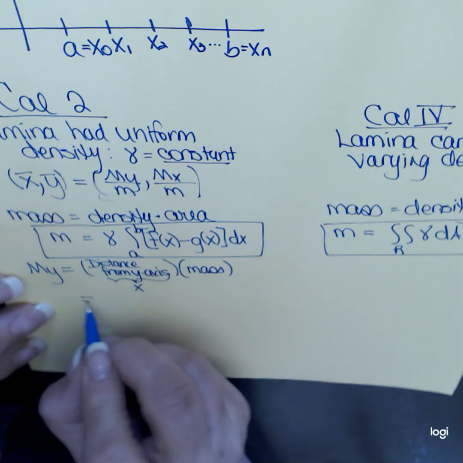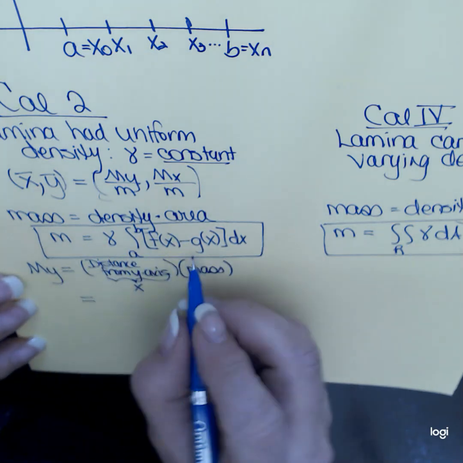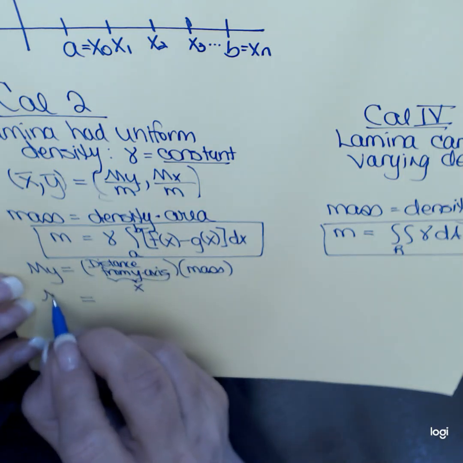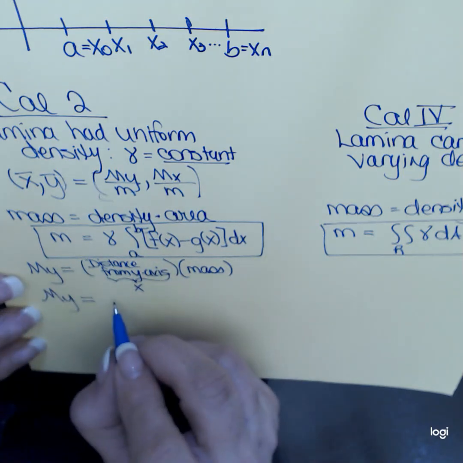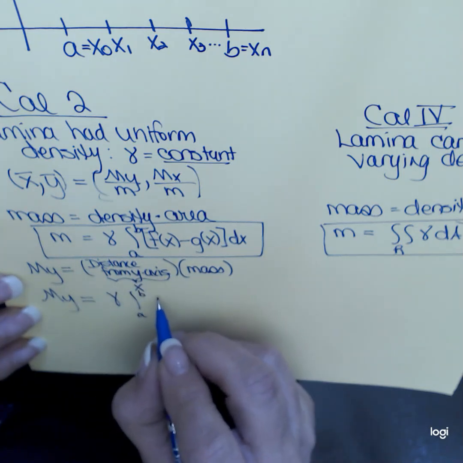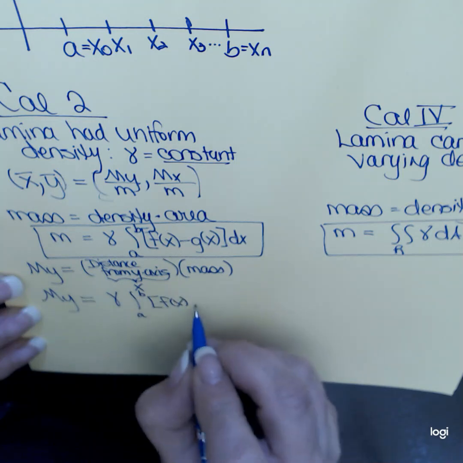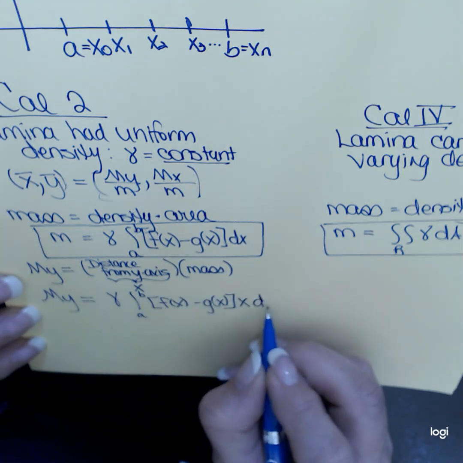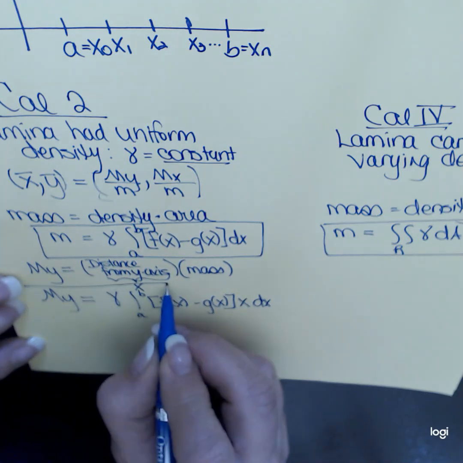So this is just the same thing we saw here for mass times the distance from the y-axis, or in other words, back from Cal 2, this was lambda times the integral from a to b of f of x minus g of x, all times x with respect to x.